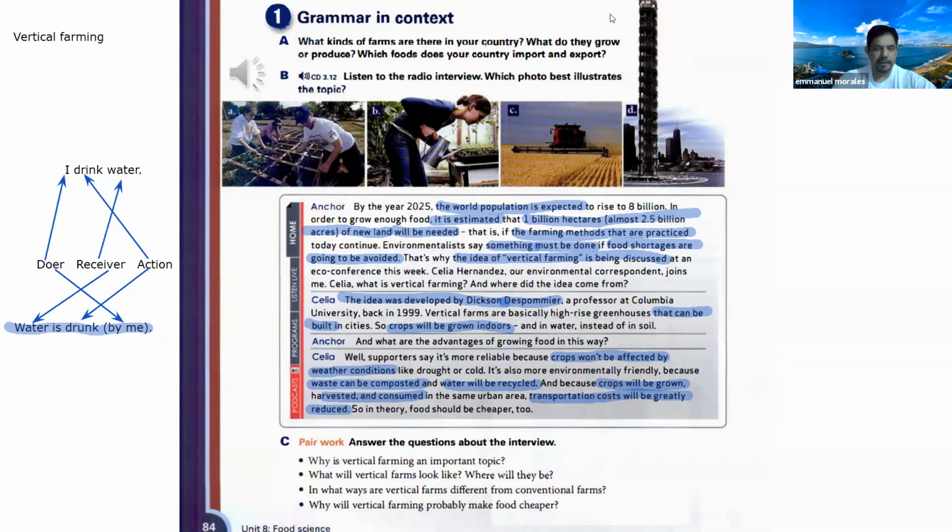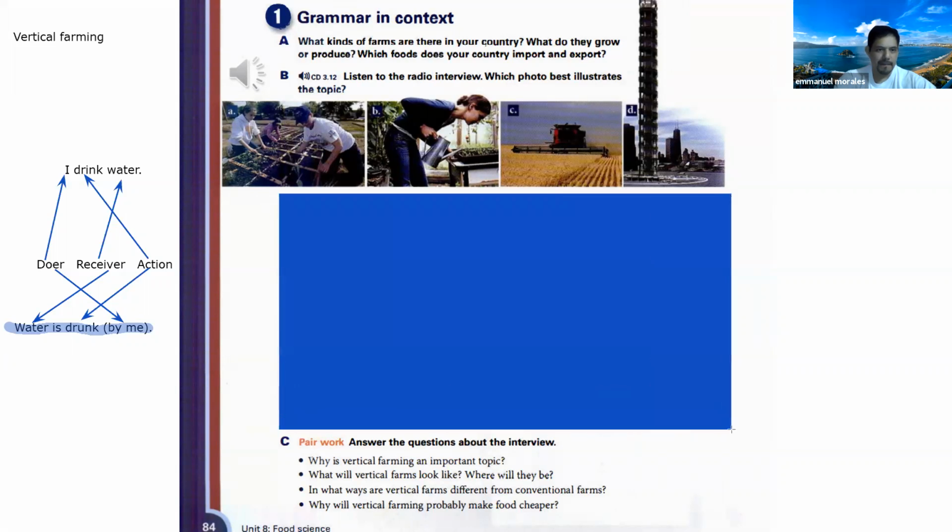Because it said that it could be used in cities, big cities, because they don't need a great extension of land.